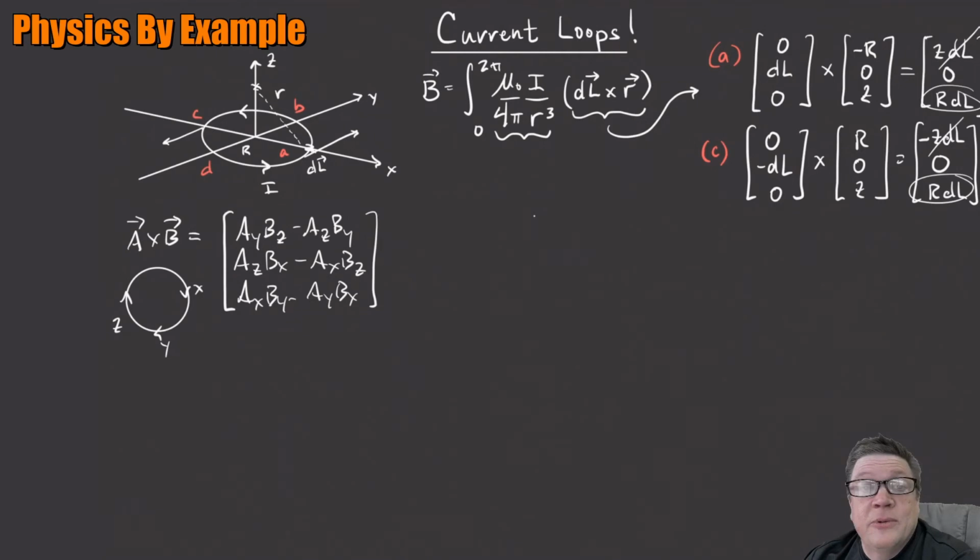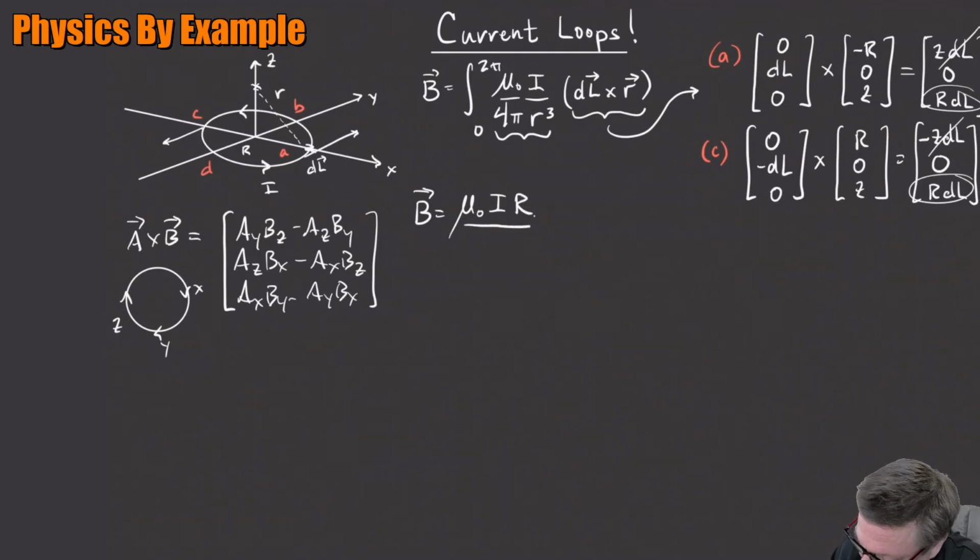That's the result. So what we can do then is we can say that the magnetic field is, let's bring all this stuff out. Mu naught I, R from that vector comes out, and I have 4 pi r cubed. Let's see, r is, what is that? That's the hypotenuse of z and R, right? So it's just going to be R squared plus z squared to the 3/2.